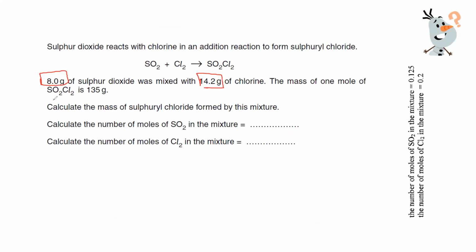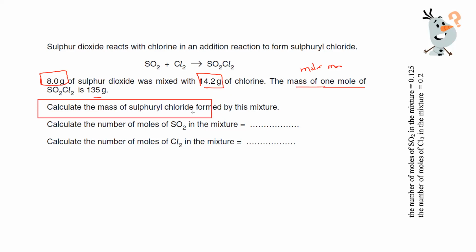The mass of 1 mole means molar mass. When they say mass of 1 mole, that means the molar mass. The mass of 1 mole of sulfuryl chloride is 135 grams. Calculate the mass of sulfuryl chloride formed by the mixture. But this is the main objective, this is the main question.